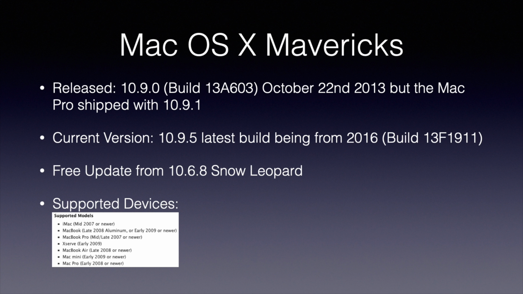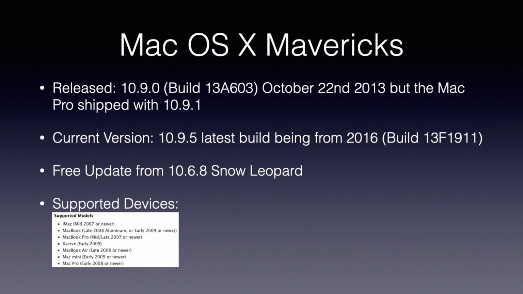The current version available is 10.9.5, which was released in 2014, but there were security updates still being applied until 2016. To be able to update to Mavericks, there's a free update from 10.6.8, Snow Leopard.